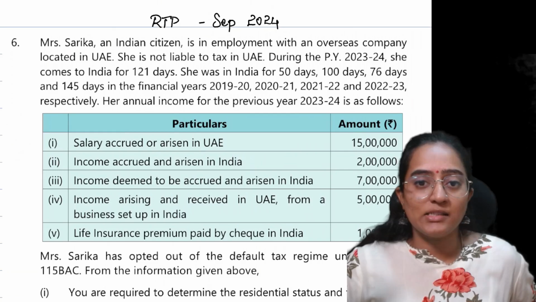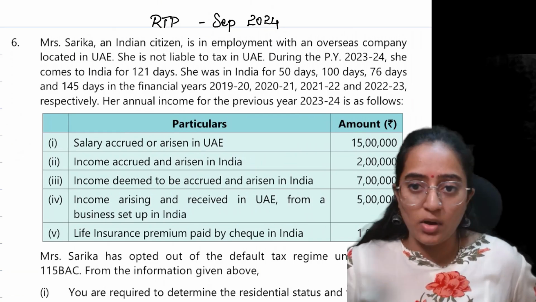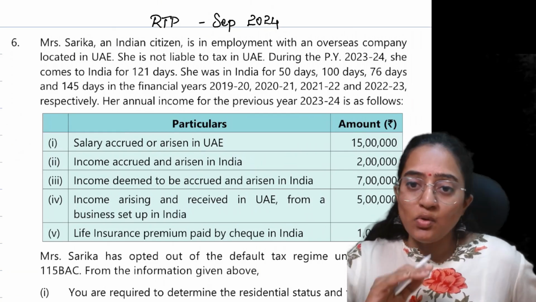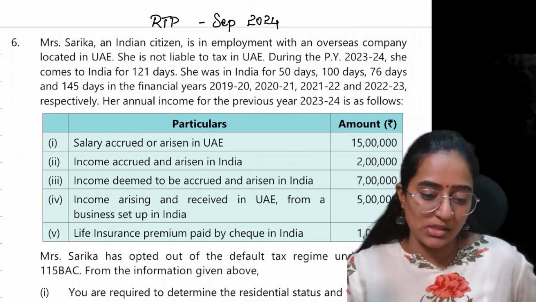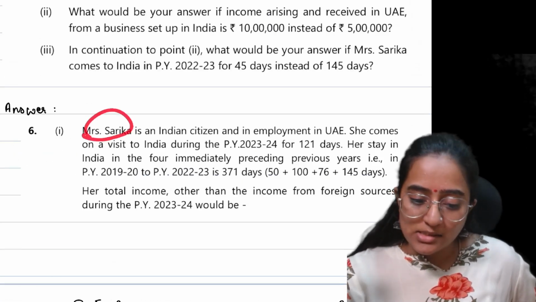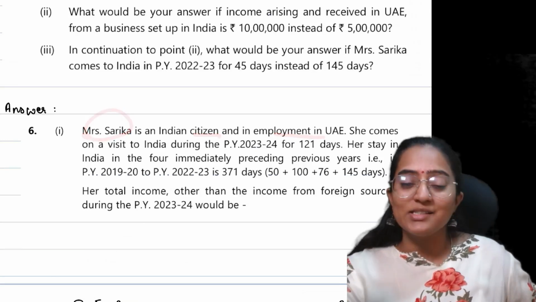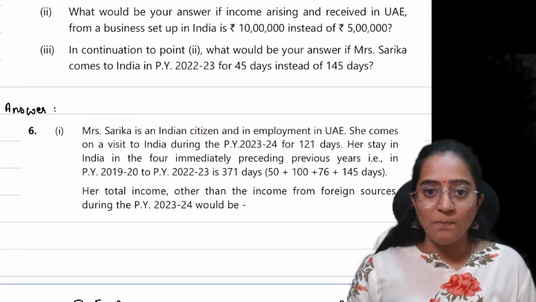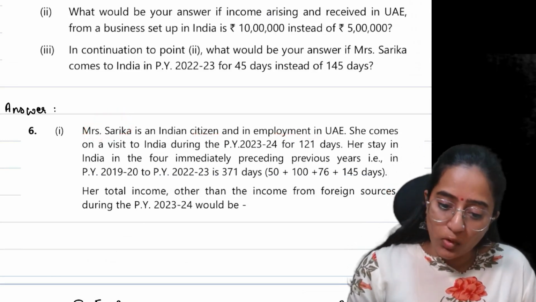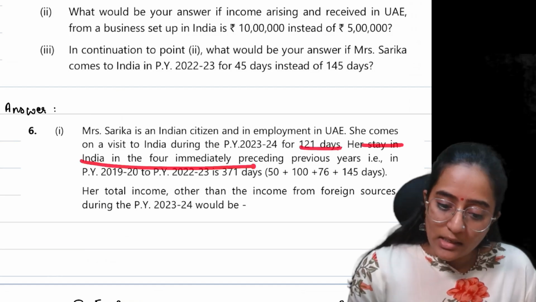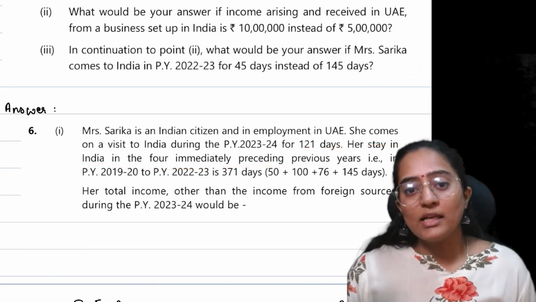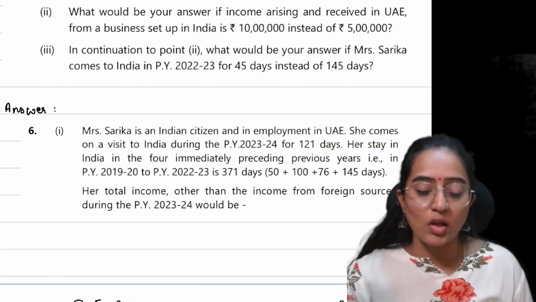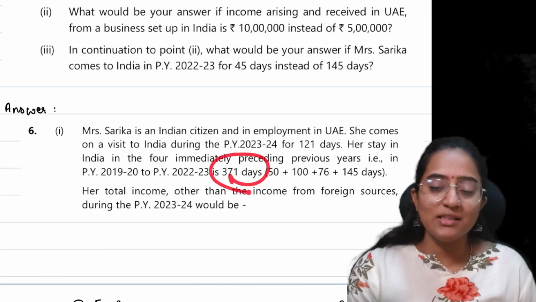Mrs. Sarika is an Indian citizen employed in UAE. She comes for a visit to India and stays for 121 days. Her stay in the last four preceding years totals 371 days, which exceeds 365 days.